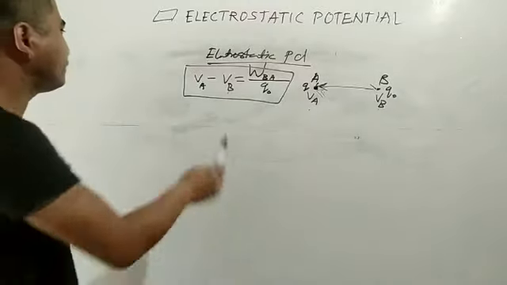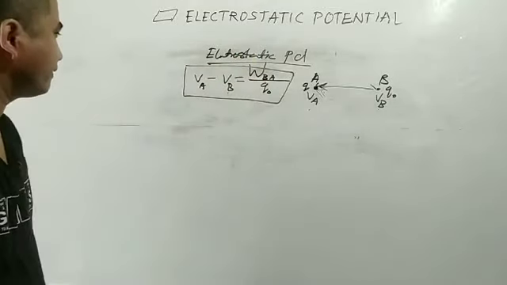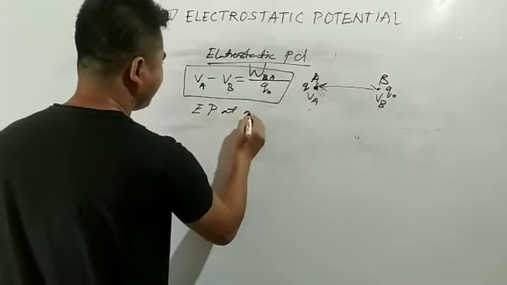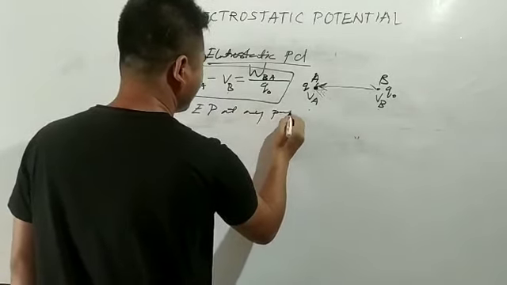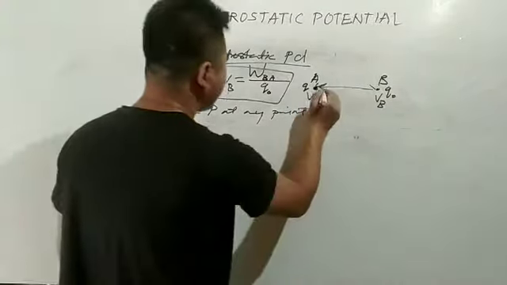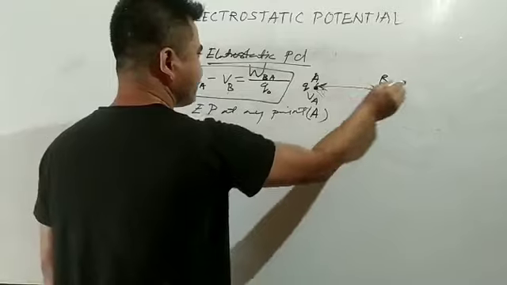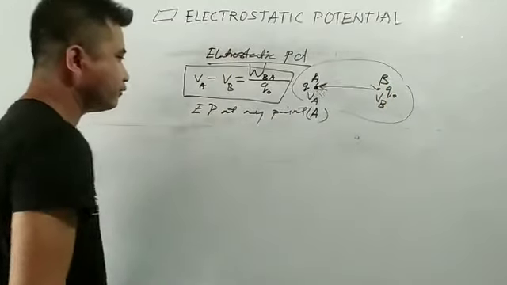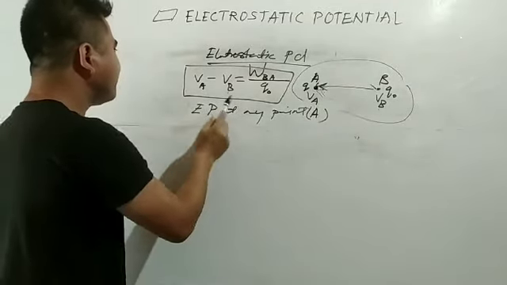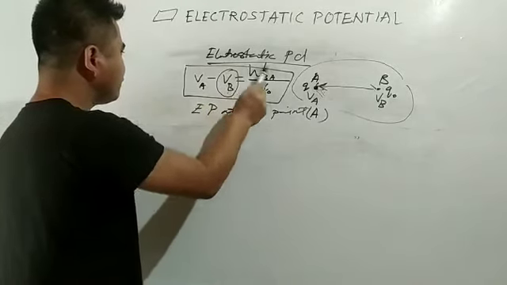From this definition, how are we going to define electrostatic potential at any point, let's say at point A? In order to find the electrostatic potential at point A, if this VB is 0, then we can easily find VA.